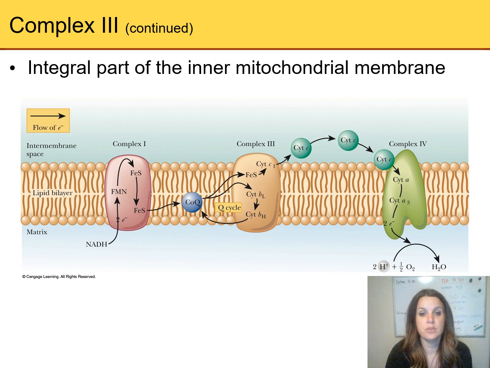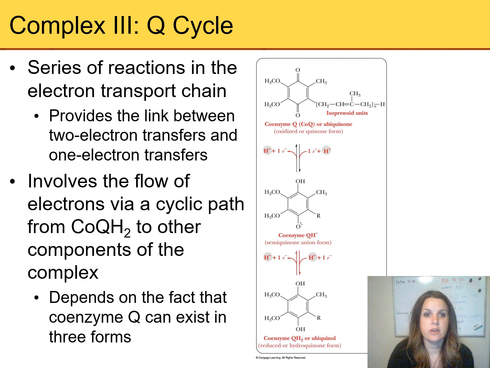So you need to note that coenzyme Q is going to pass electrons onto complex 3, but then in order for those to continue to be passed along, they're going to need to be involved in what's called the Q cycle. So what is the Q cycle? Basically, it's a series of reactions in the electron transport chain that provides a link between two electron transports and one electron transfer.